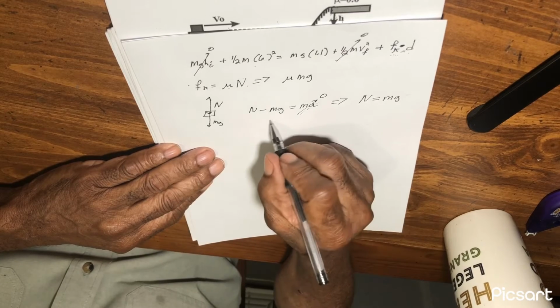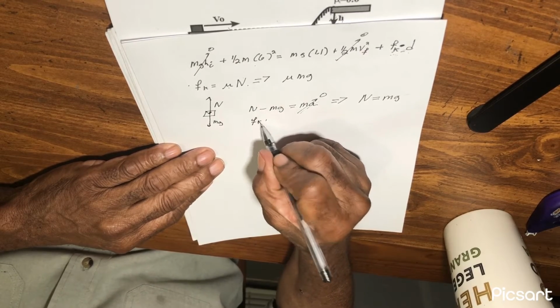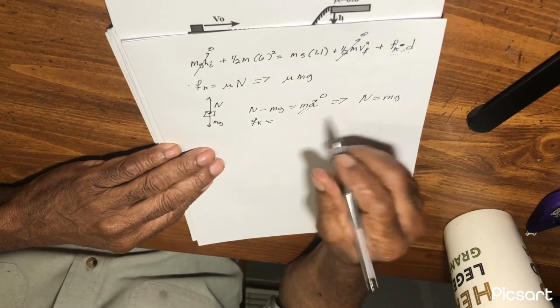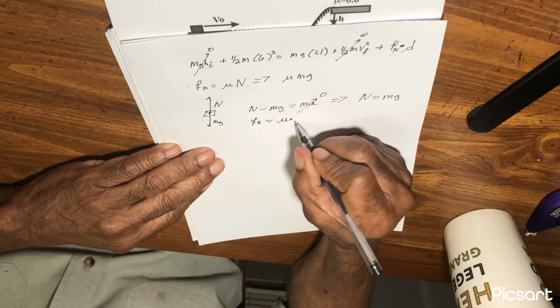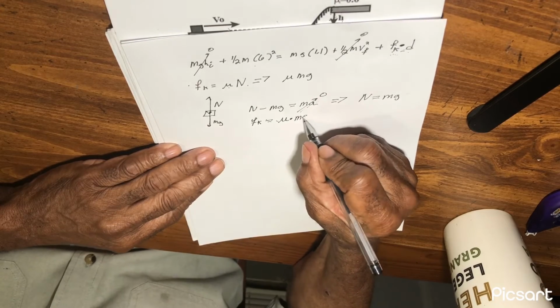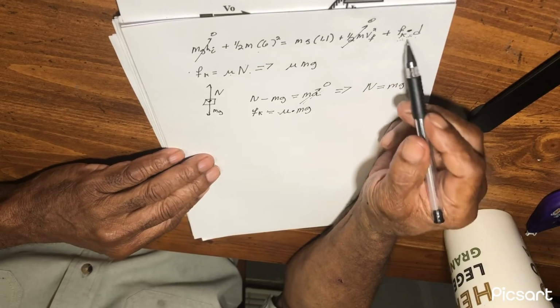Now Fk is mu times n, so Fk is equal to mu times mg. And we'll stick that up here.